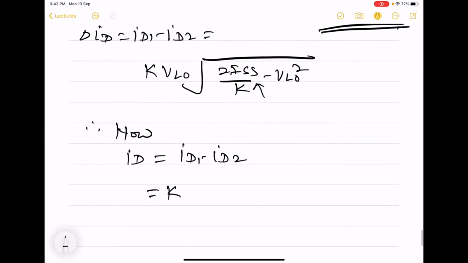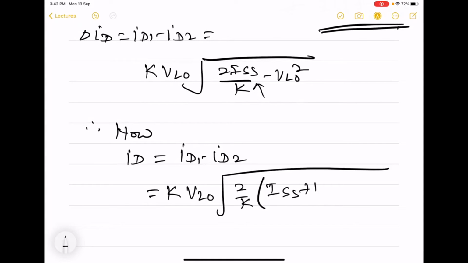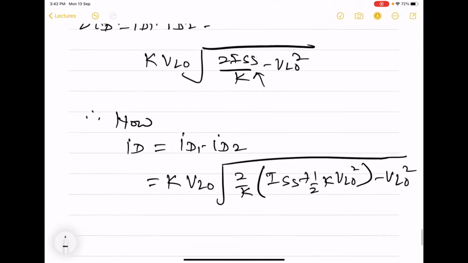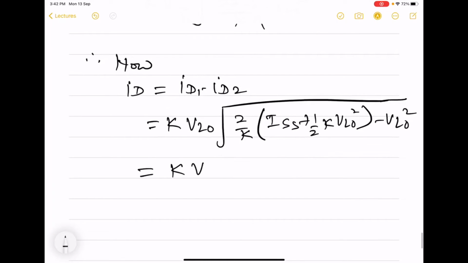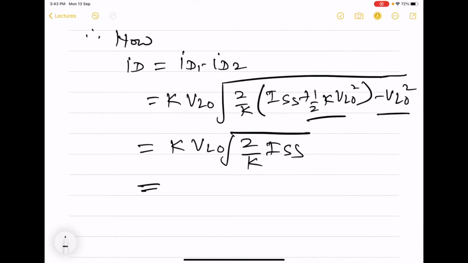So we are now going to arrive at this equation, 2 by K. This ISS dash will be substituted by ISS plus 1 by 2 K VLO square, minus VLO whole square. So here you can see that what we are now getting is VLO into, so this term and this term will cancel out, into 2 by K ISS square root. And this will then get simplified to 2K ISS square root into VLO.